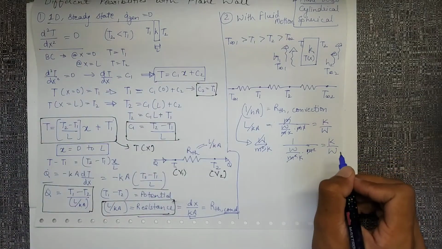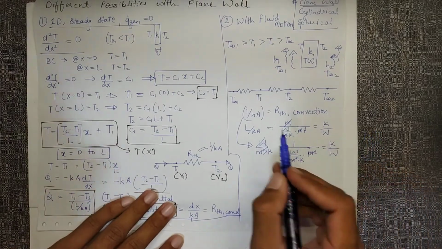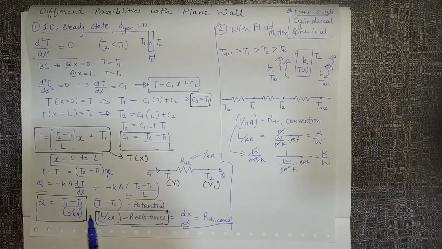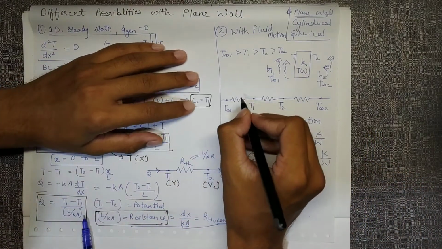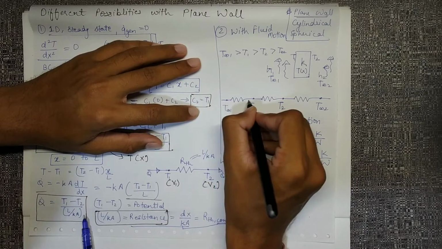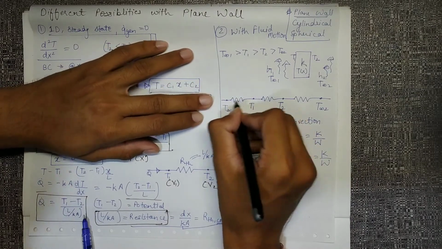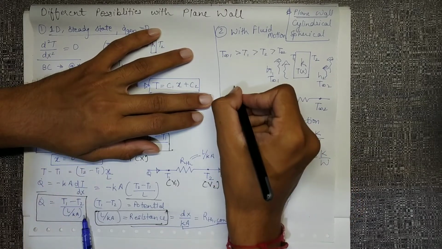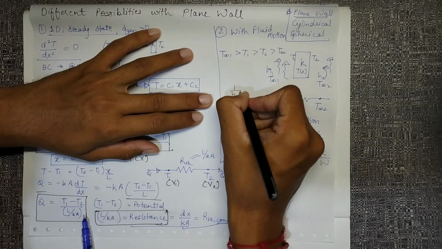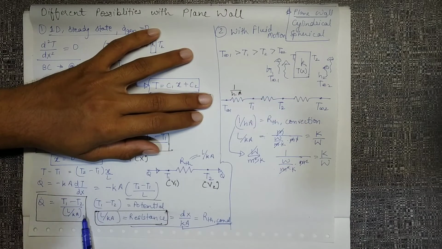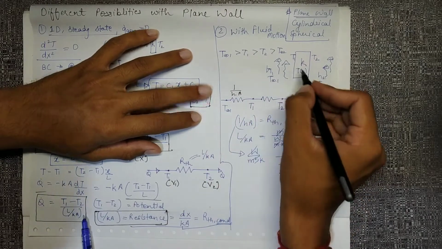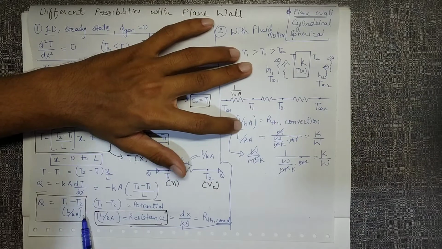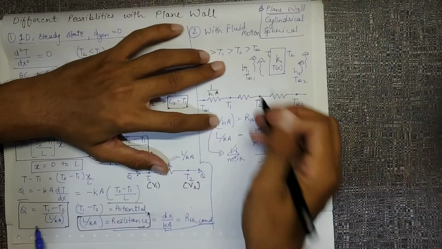Okay, fine. Hence let's write the equivalent resistances here. The heat transfer between the fluid and the surface is convection, hence my resistance will be 1 by H1A. Over here for conduction we have already known the resistance is L by KA.